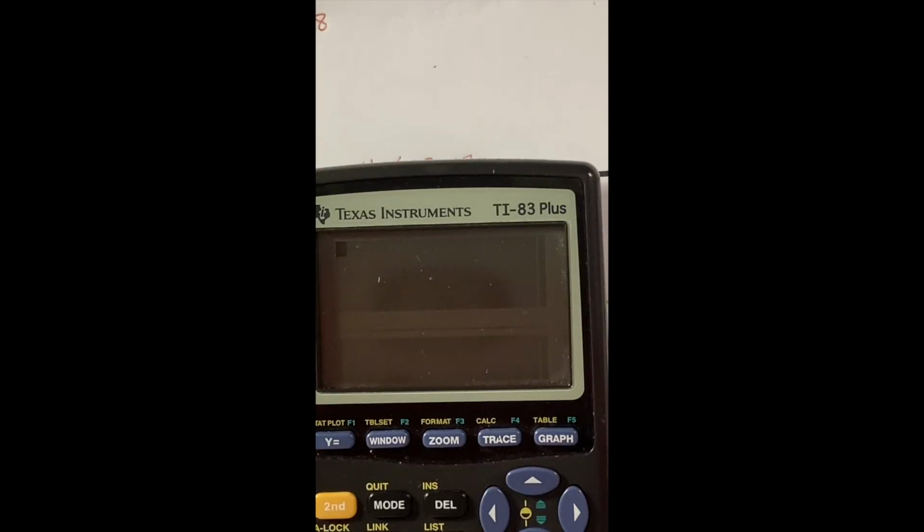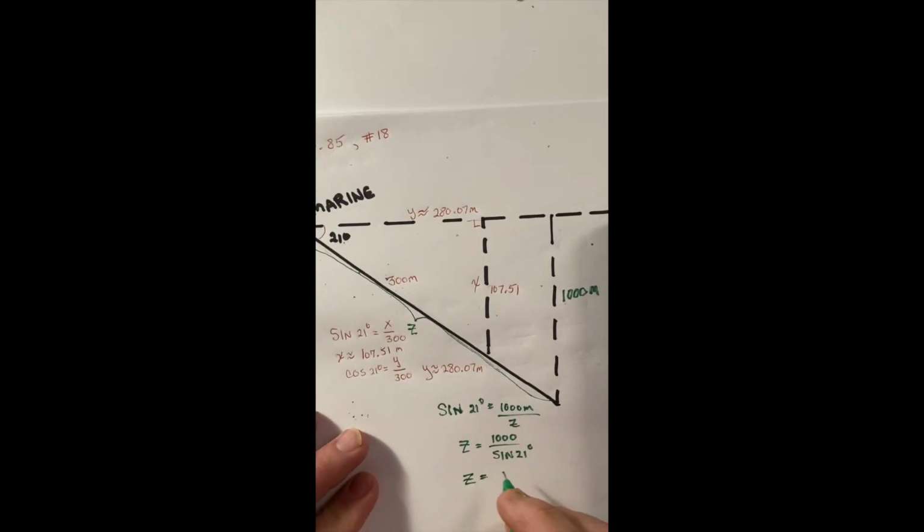So let's do that and see what we get. 1,000 divided by the sine of 21 degrees is equal to 2,790.4281. So we're going to round that to the nearest hundredth and get z is equal to, well, approximately 2,790.43 meters. So that's a reasonable answer.